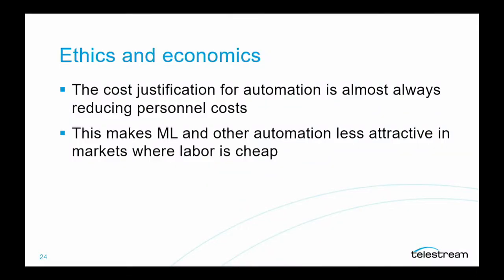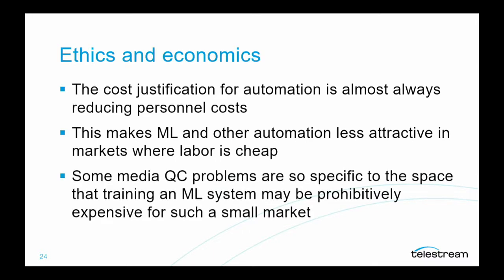The flip side of that is that anytime you're automating human processes, it's much less attractive in markets where labor is cheap. So you might find that you can sell the heck out of a machine learning-based AI system in North America, but it might be a different proposition in other parts of the world where they can easily throw people at problems.